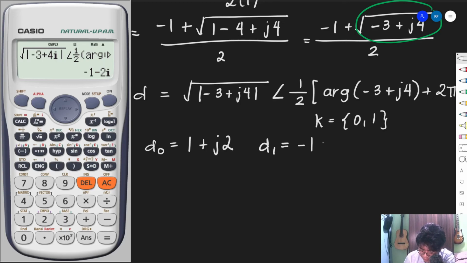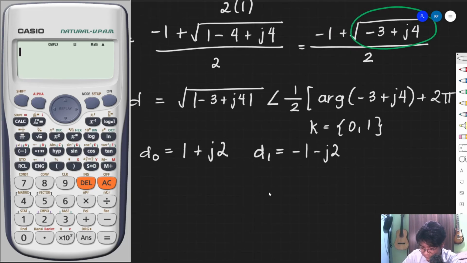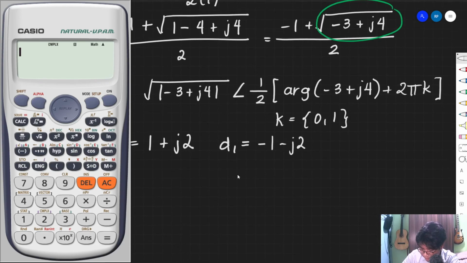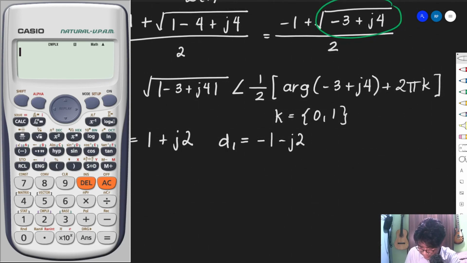We have negative 1 minus j2. Store ko lang rin to, shift STO sa B naman, para later, in case na gusto nyo i-calcu yung pinaka-final answer, kasi ipa-plug pa ulit natin to dun sa taas. Hindi naman to yung final answer.